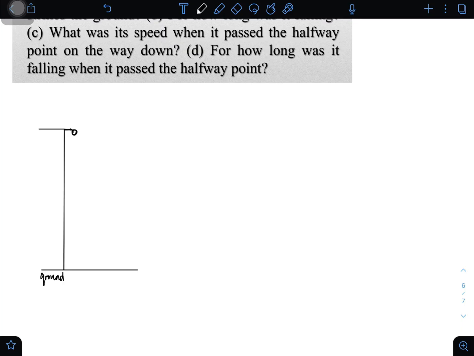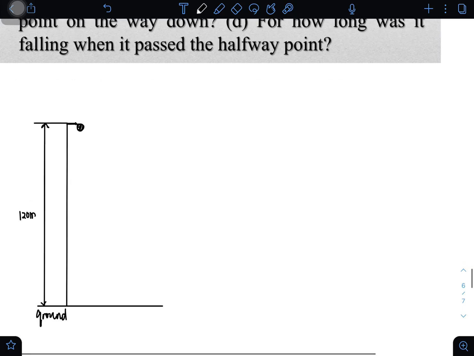So at this point here, the height of the building, this one towards the ground, is 120 meters.